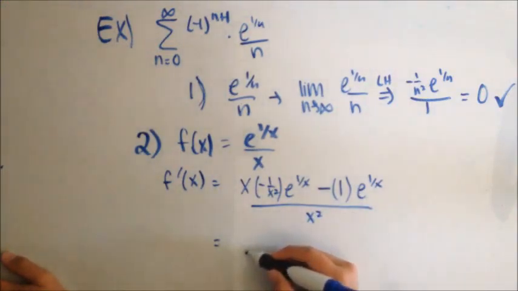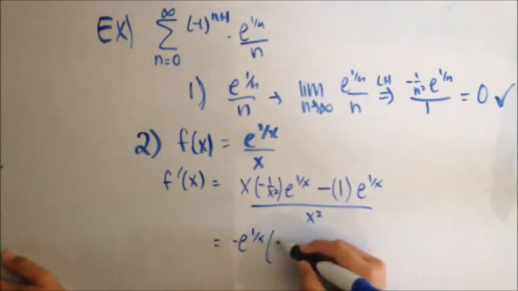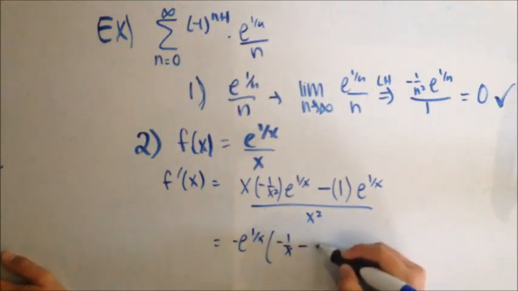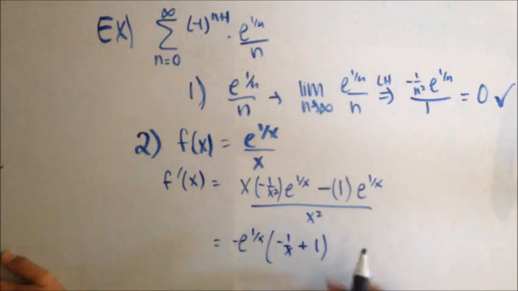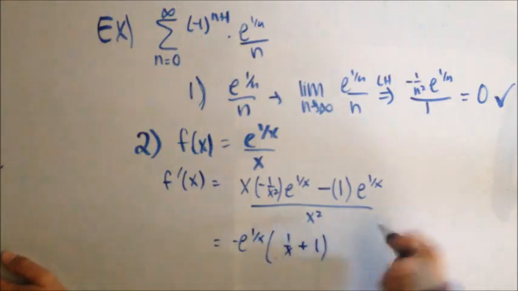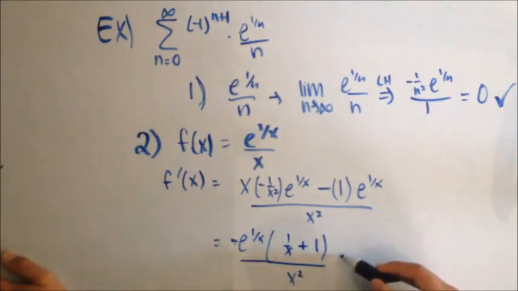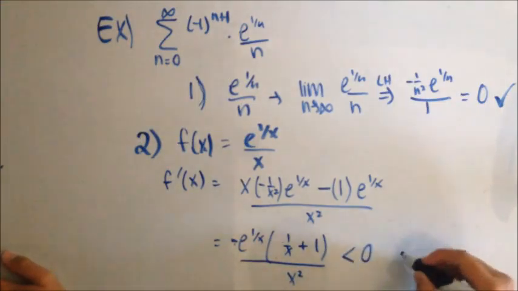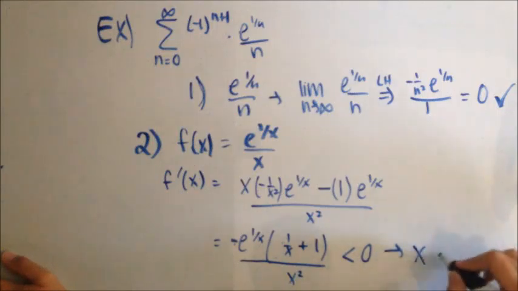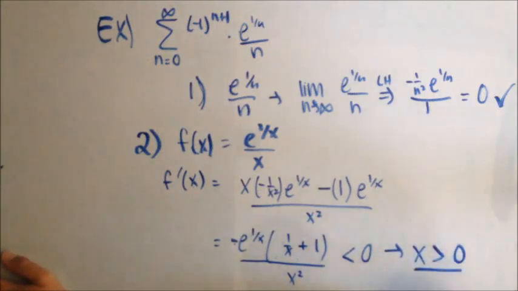We're going to get e to the 1 over x times (-1 over x minus 1), or plus 1 actually. These are both positive because we factored out a negative here. That's all over x squared. And we know that that is going to be less than 0 whenever x is greater than 0. So we know that that function is decreasing.